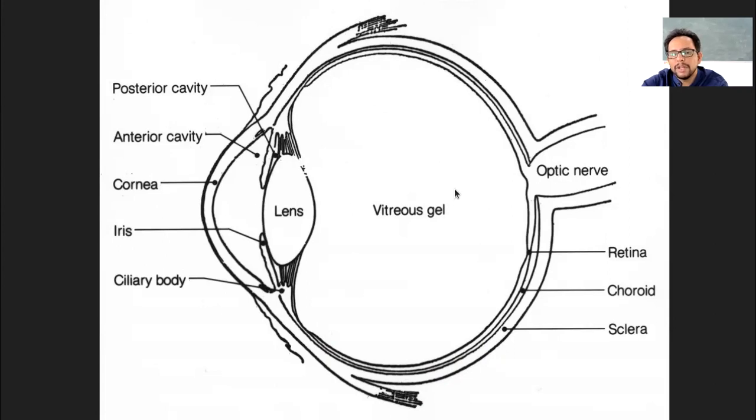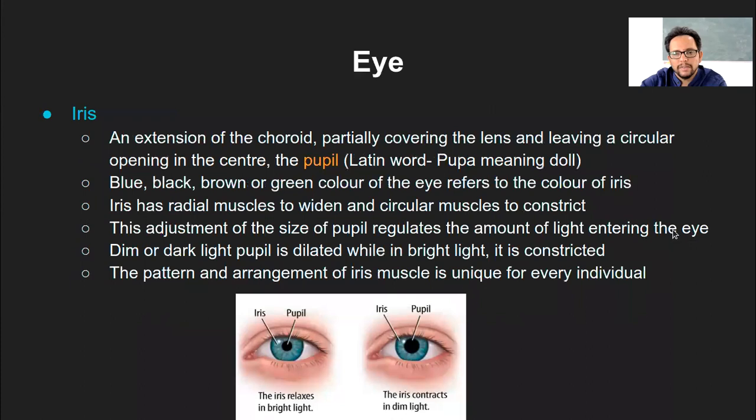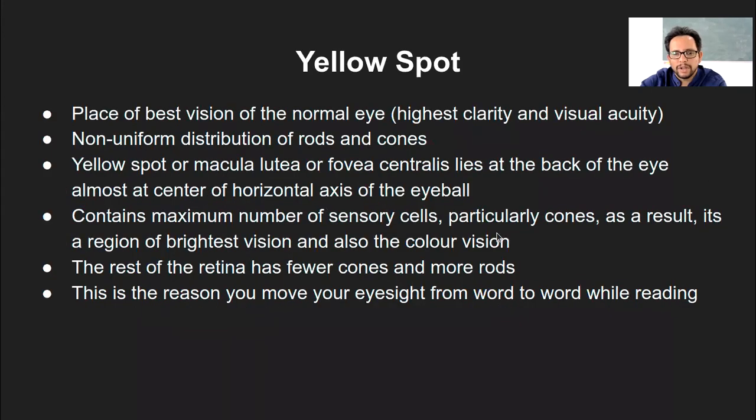It enters into the inner cavity. Right at the horizontal center of the eye structure is where this yellow spot will be located, because that is exactly parallel to the axis of the eye at the center. And it is on the back side, that is, on the retinal layer.